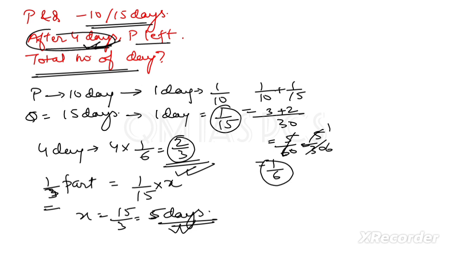But if the question is how many days it will take to complete the full work, it will be 5 plus 4, that means 9 days. So you have to understand the language of the question. Okay, let's see the next question.